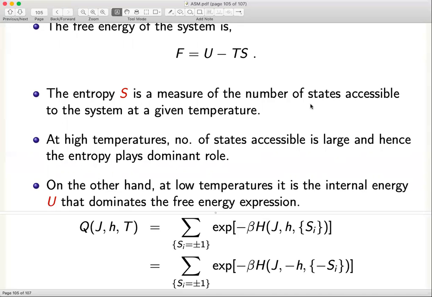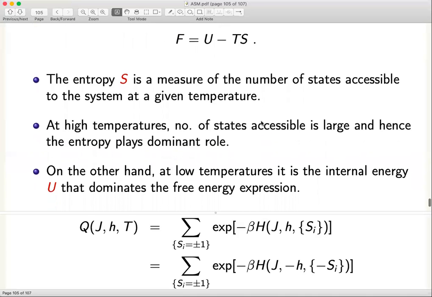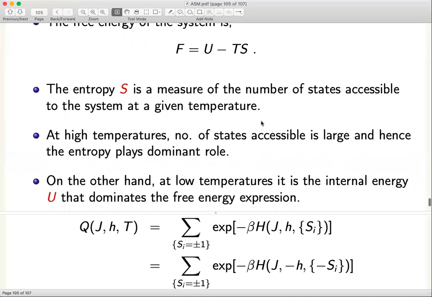If that is the case, then the entropy of the system is lower, and as a result, it is the internal energy which will dominate the behavior of the free energy. So you see that there is a transition between which thermodynamic variable dominates the free energy.